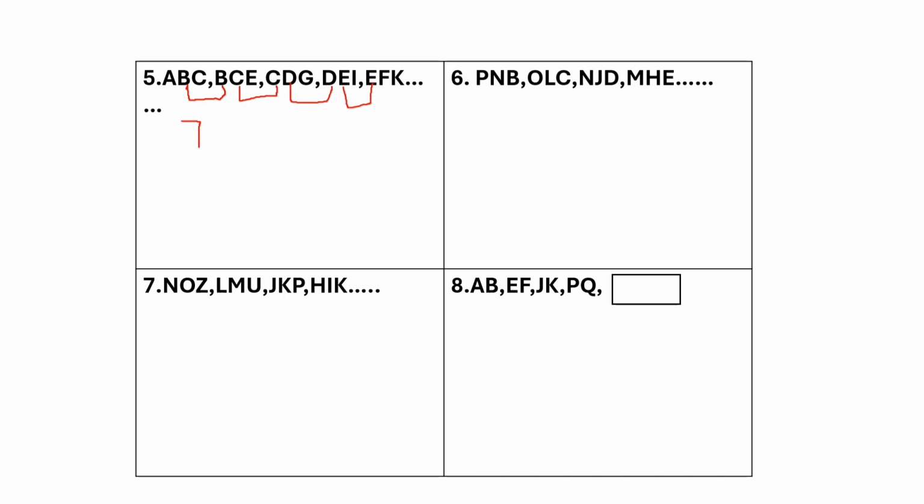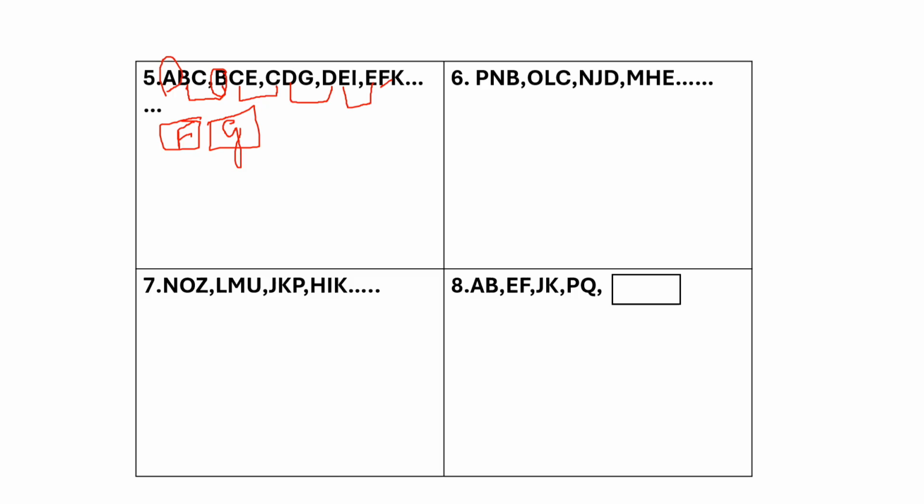Now the next starting letter is the second letter, that is F. The first letters are A, B, B, C, C, D, D, E, E, F. What it indicates is the immediate next letter of the first letter. So the second letter should be G. Okay, the first two letters are confirmed.